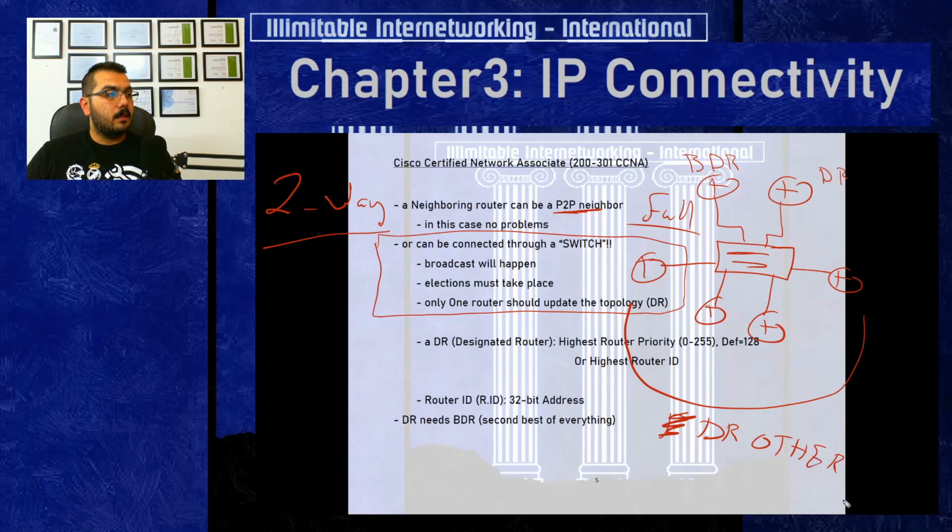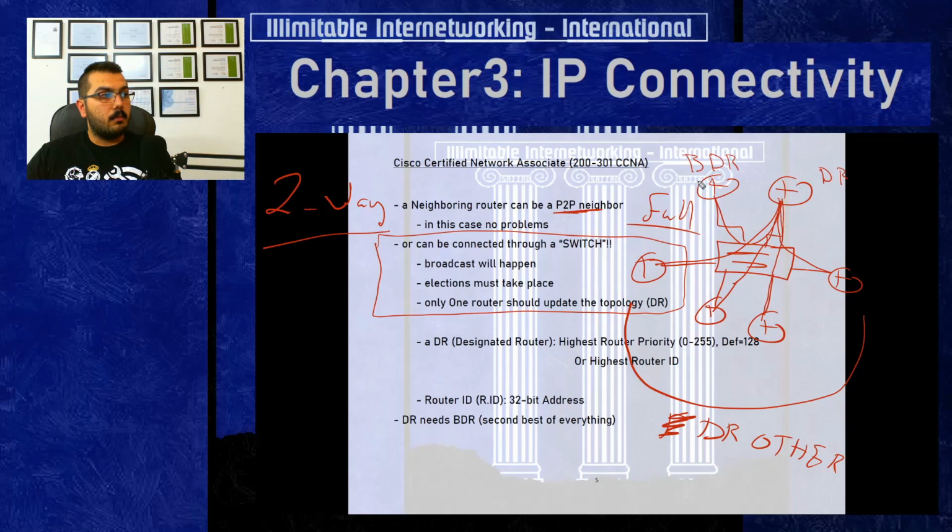So the relation of full adjacency will occur between the designated router and DR others 1, 2, 3, and also the BDR.